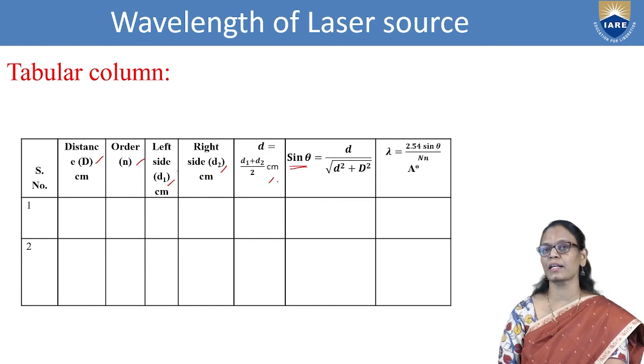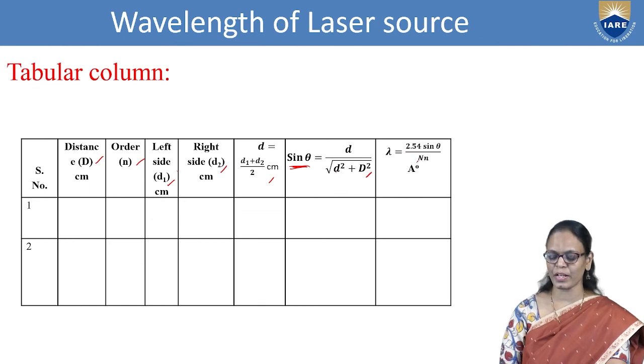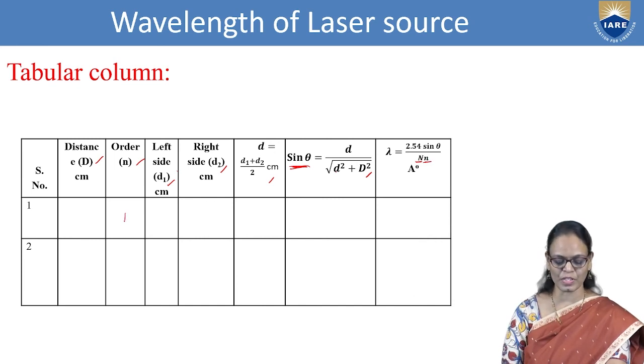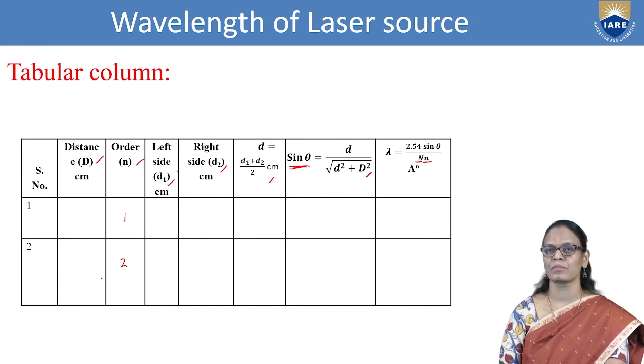And then sine theta can be calculated using small d upon under root small d square plus capital D square. So once we get sine theta, we can easily calculate the value of lambda, 2.54 sine theta upon small n into capital N. So here capital N is the number of lines per inch and small n is the order which we are talking about. We may do it for first order and second order.